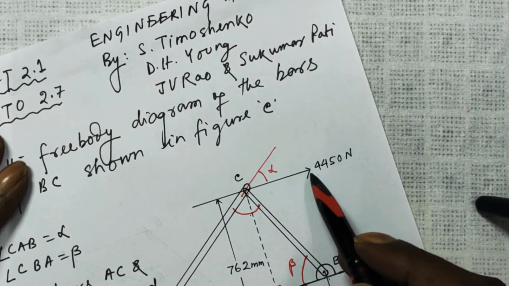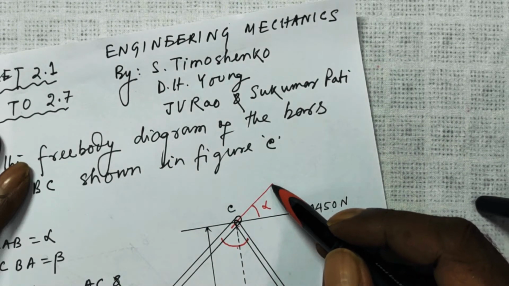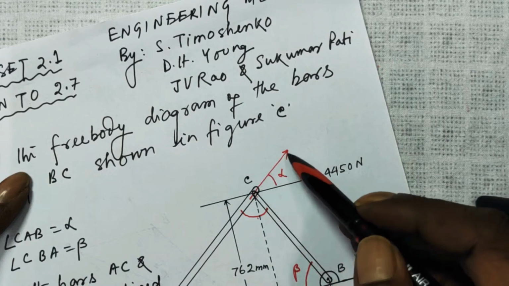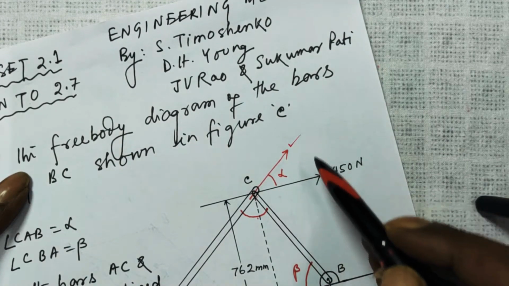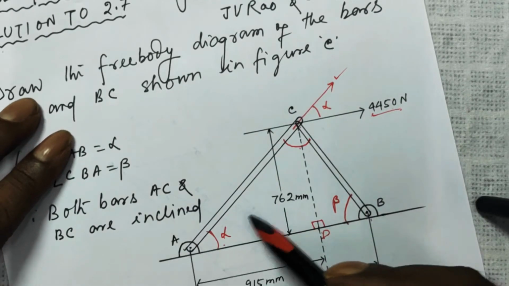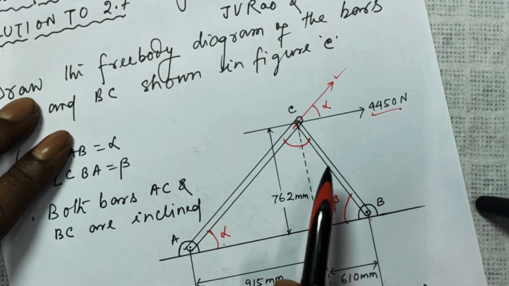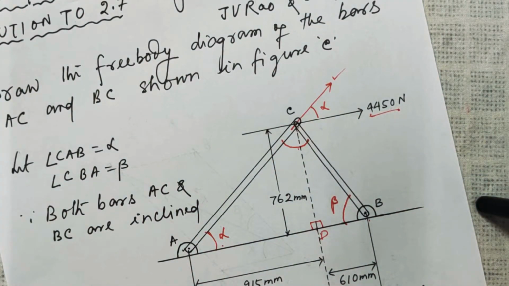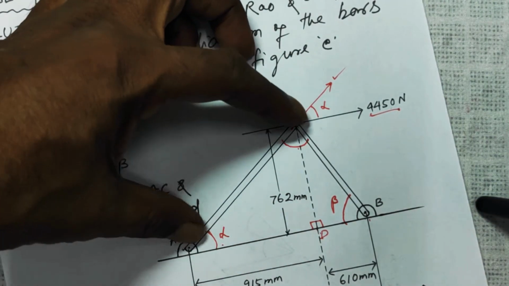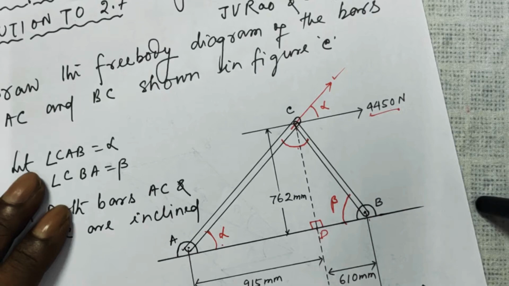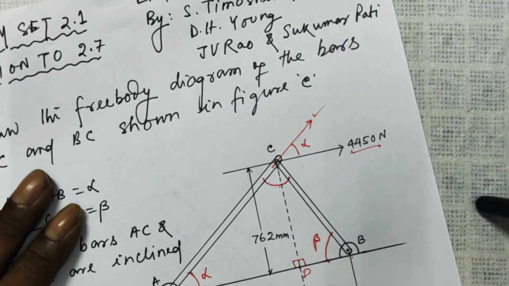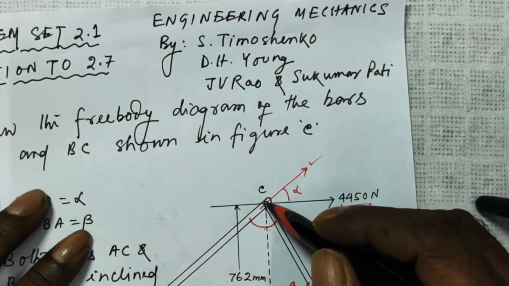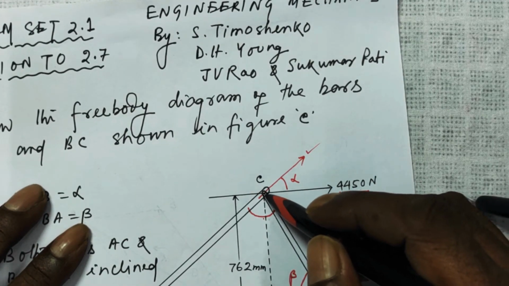If you find the component of this force along this direction, due to this component of this force, the bar AC is pulled to this side. It means this force is trying to extend this bar, right? Now similarly, if you find a component of this force to this side, there is no need to do it to this side.